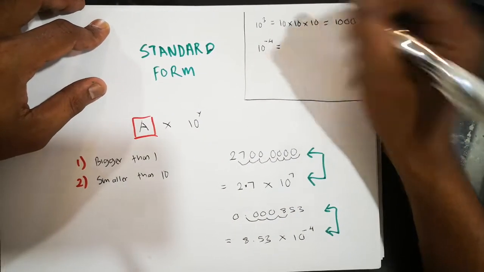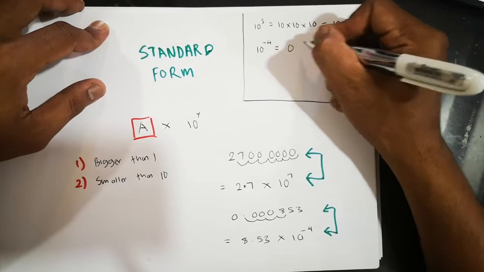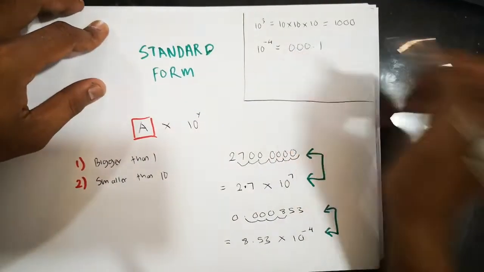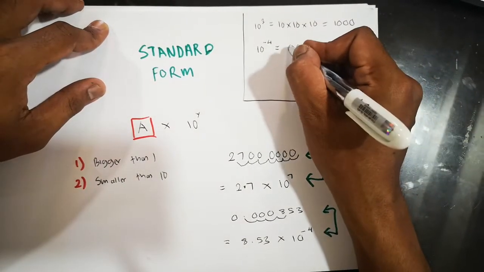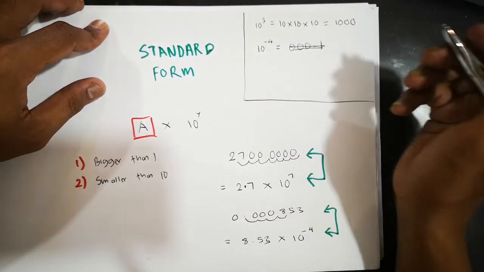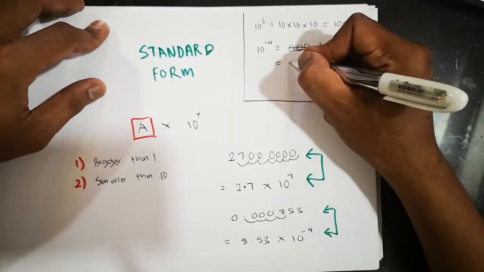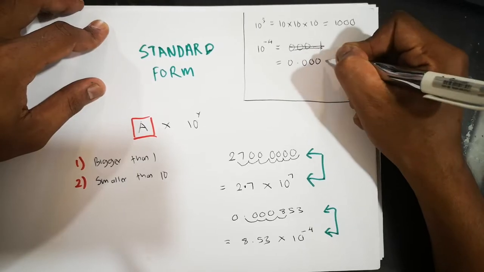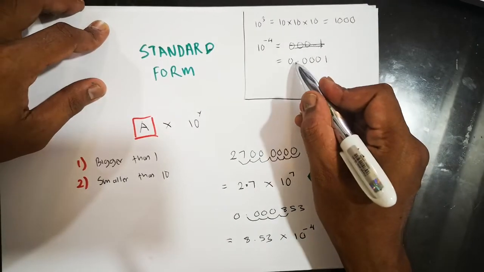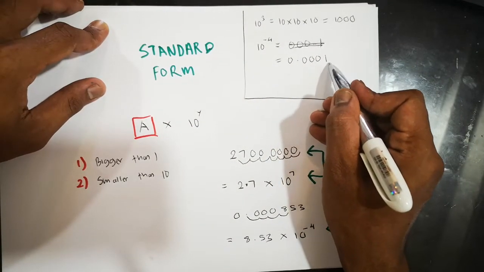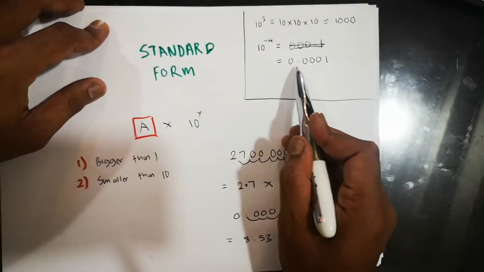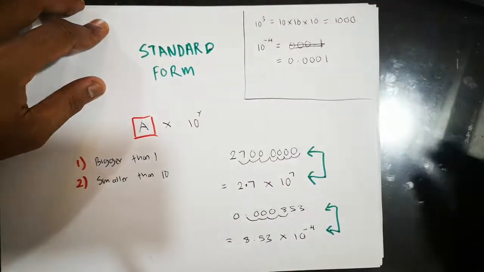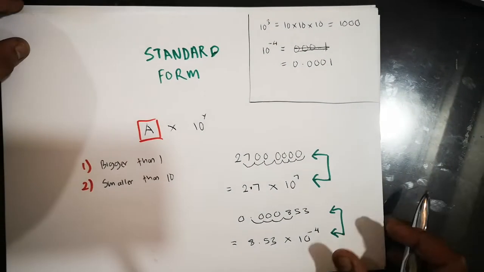So let me do it slowly: 0.0001. Okay, 1 2 3 4. 10 to the power of negative 4 is 0.0001. Okay, easy. This is a very short recap, something that you all should know already.